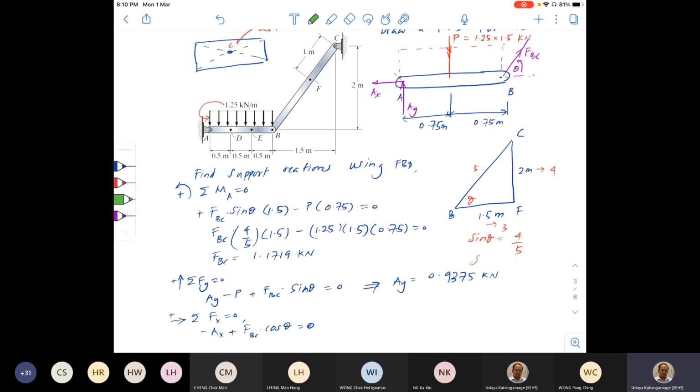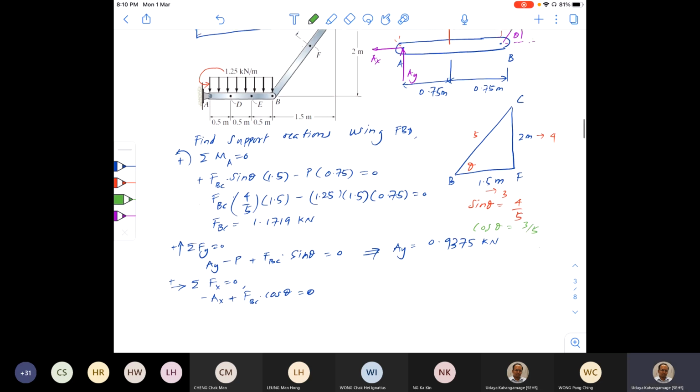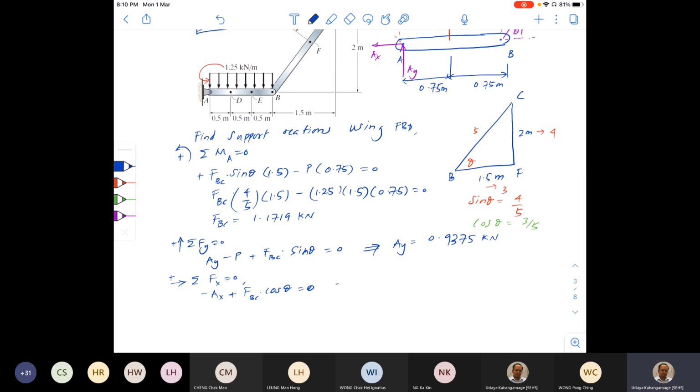From the same triangle, I can write cosine theta is 3/5. So that means after simplifying, you should be able to find out AX. I got this answer, 0.7031 kilonewton. So I know all the unknown reaction forces now.